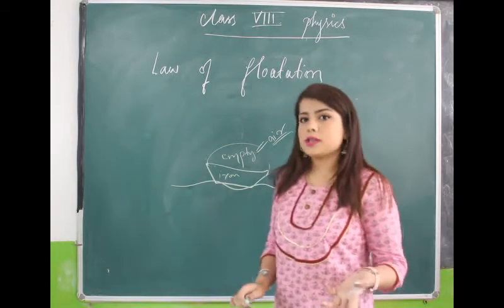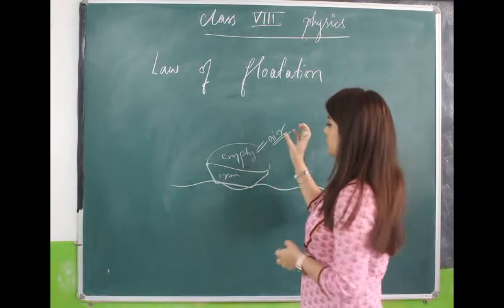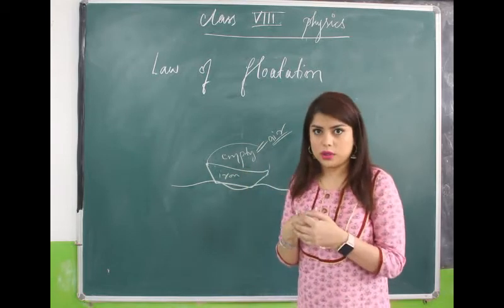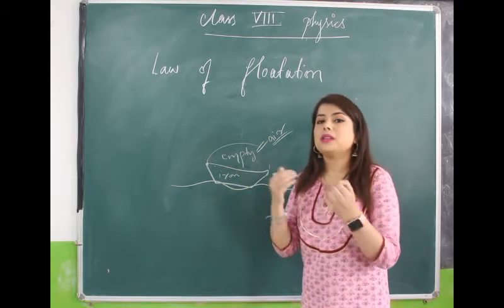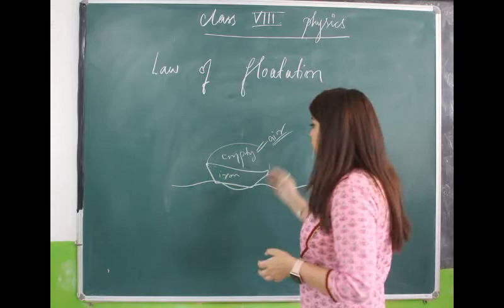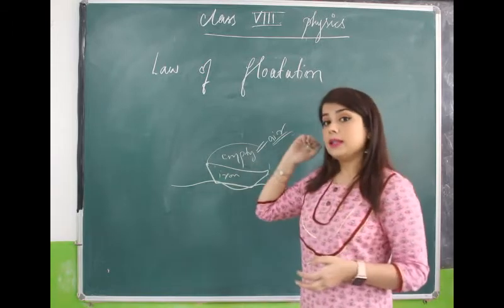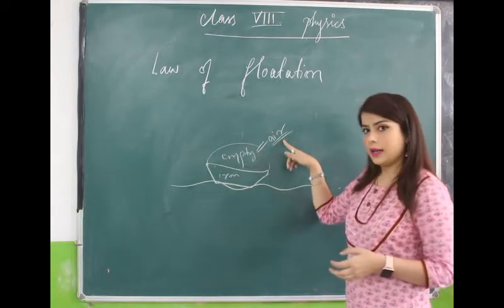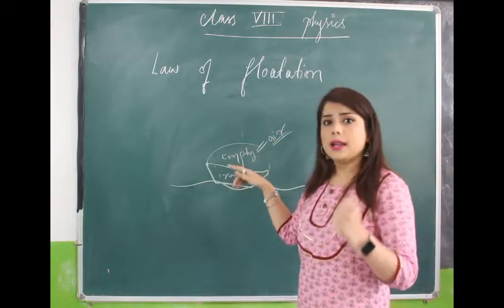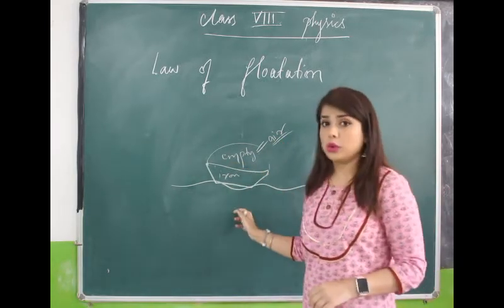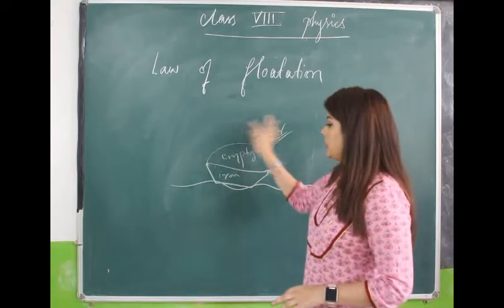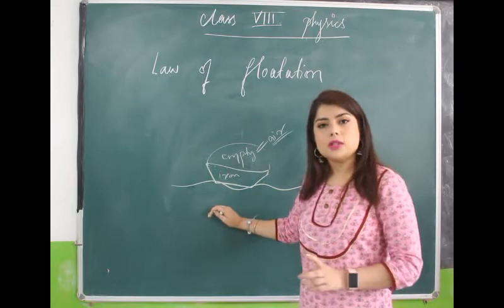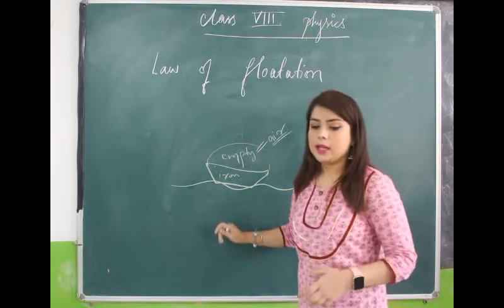So air also has some density. When we combine the density of air and the density of iron, taking the average, the combination makes it less dense than water. So the density of the whole ship will be less than that of water. That is why it doesn't sink. I hope it is clear.